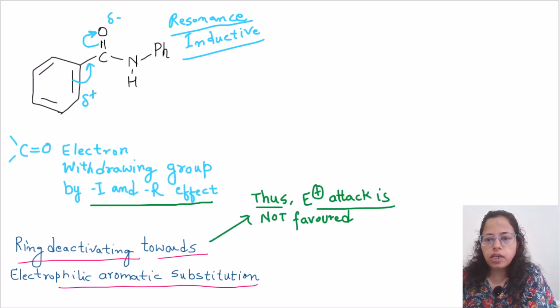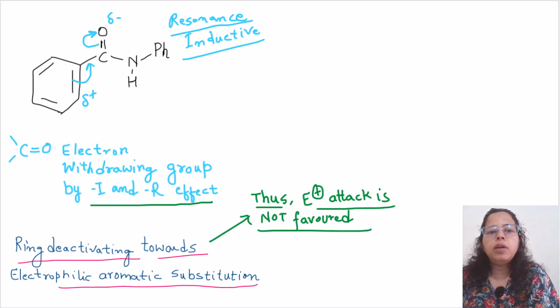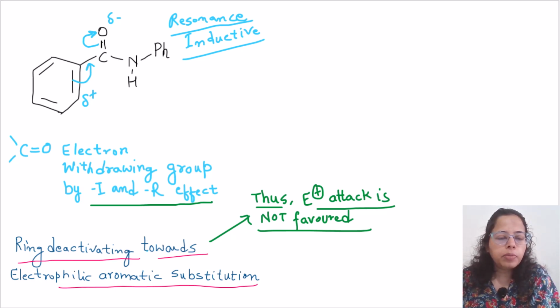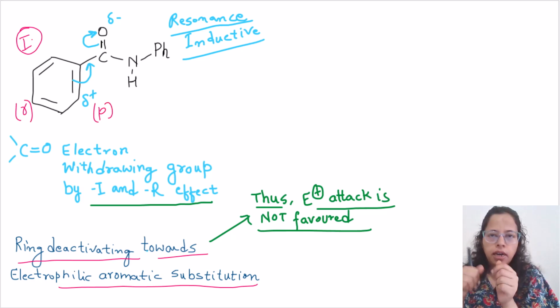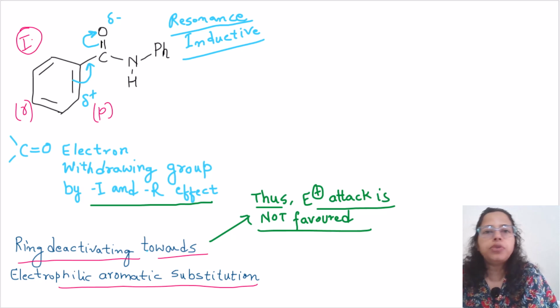Thus, electrophilic attack is not favored in the case of the carbonyl group attached to the aromatic ring. We see the given sites in ring 1, this ring. The given sites are R and P here. So the R and P sites are not the favorable sites for electrophilic attack.